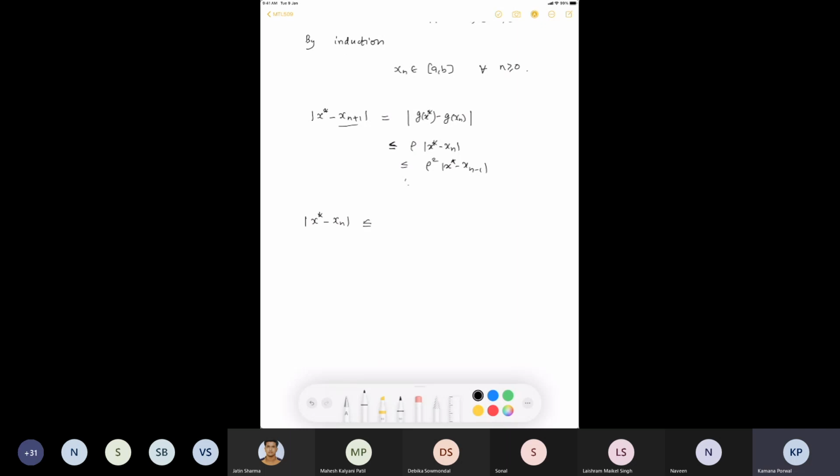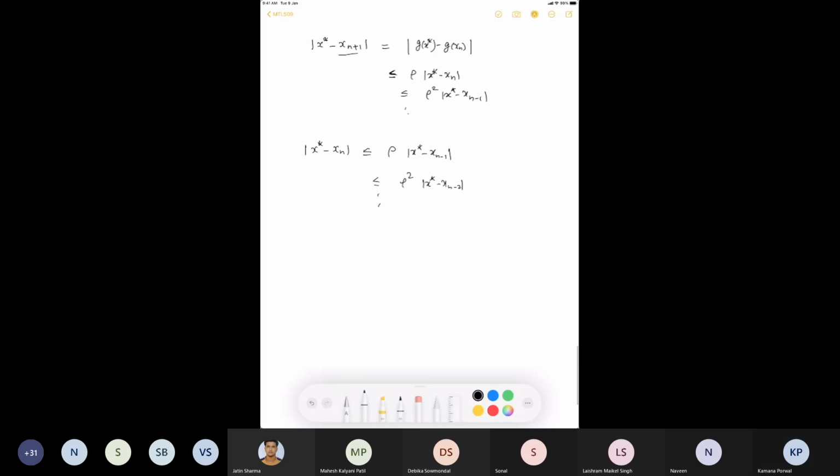This is less than or equal to rho times mod of x star minus x_{n-1}, which is less than or equal to rho squared times mod of x star minus x_{n-2}. If you repeat this process up to x naught, what I will get is rho raised to the power n times mod of x star minus x naught.